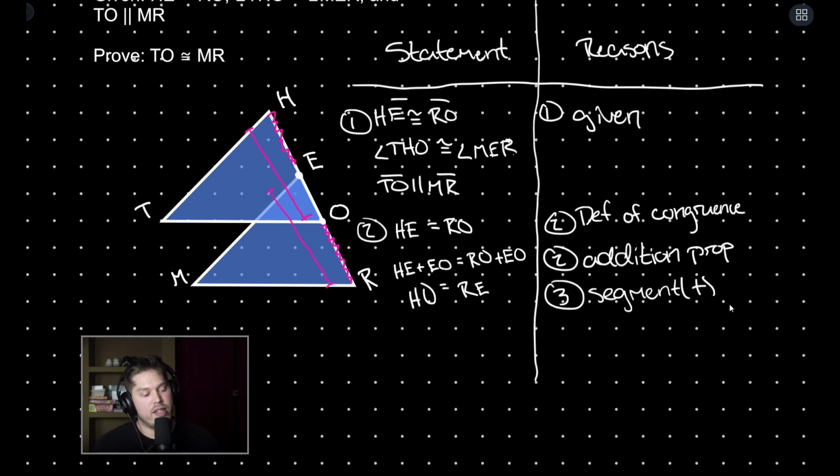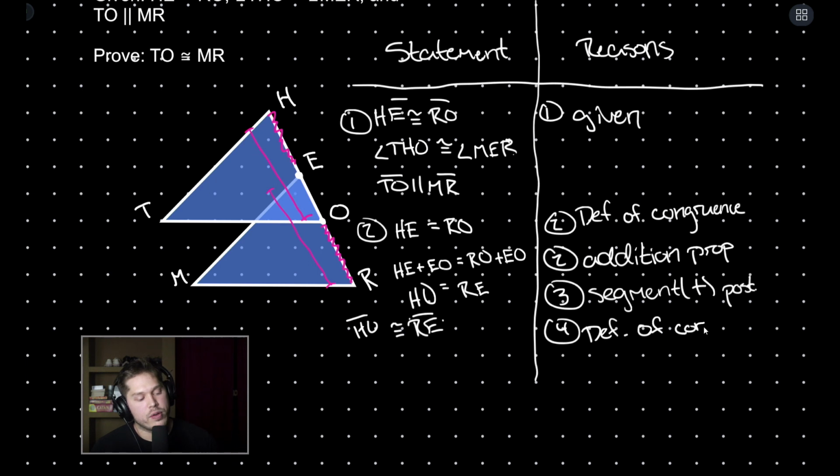And now I'll just say that HO is congruent to RE, again, by the definition of congruence. You do this full loop around.